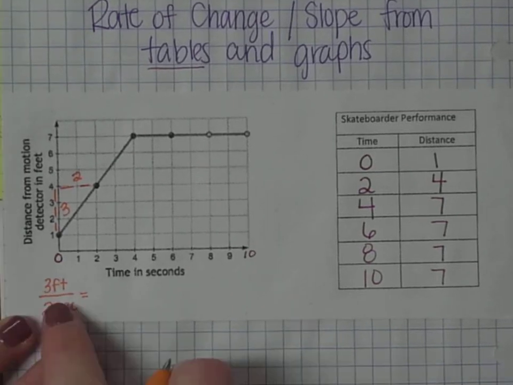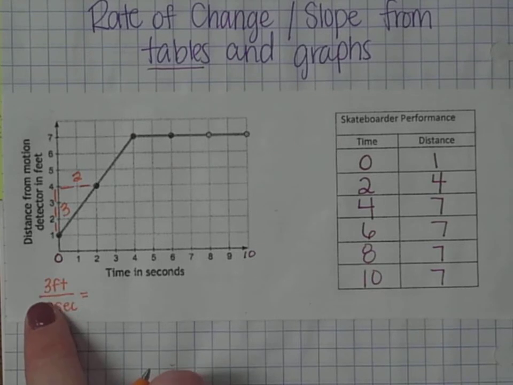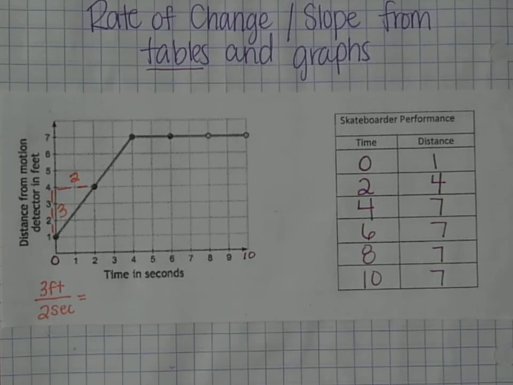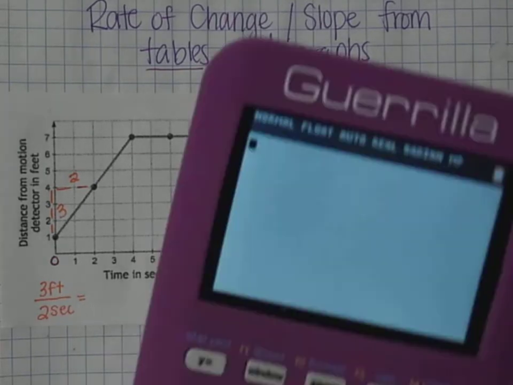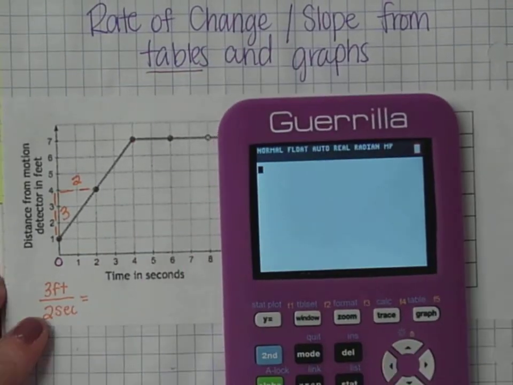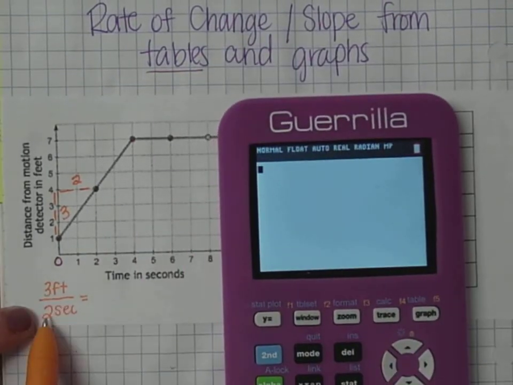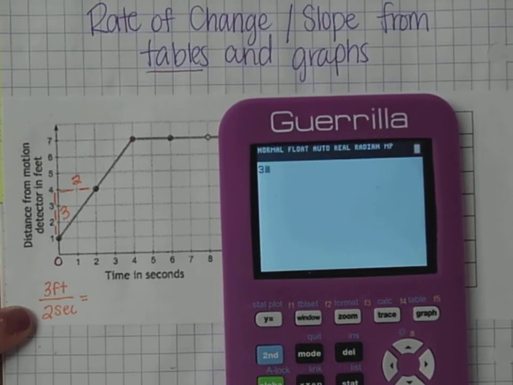So what you're going to be doing for these is you're going to divide them. And I forgot my calculator, so let me go grab it real quick. Sorry, and my battery's low, so it might die on me. But I'm going to do 3 feet per 2 seconds, so 3 divided by 2.